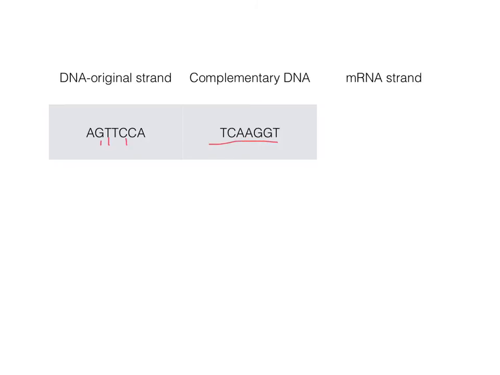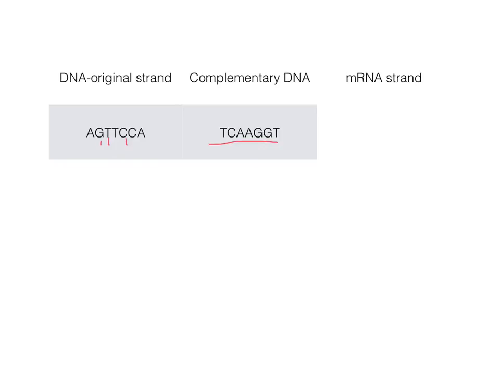Well, the new part, and the only part that's different in this particular section, is what in the world is our mRNA going to look like? Well, it is going to look exactly like your complementary DNA strand, except for one letter. Do you remember what that letter is?